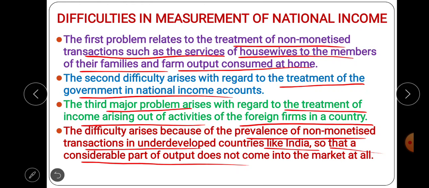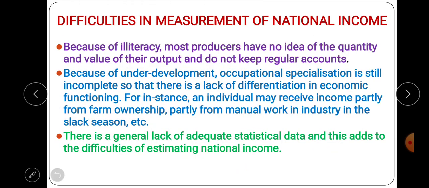Okay. So, this one is another difficulty. Then because of illiteracy, most producers have no idea of the quantity and value of their output and do not keep regular accounts. This one is another difficulty in the measurement of national income.